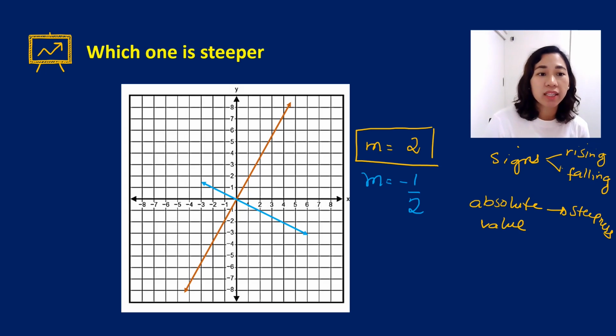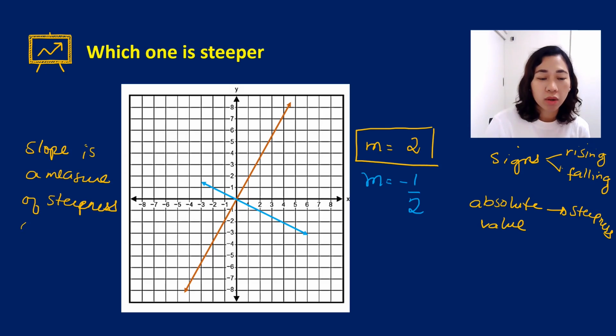My point here is that the slope is actually a measure of the steepness of your line. So slope is a measure of steepness of a line. And how do we determine the steepness? The bigger absolute value of slope will be the steeper line.